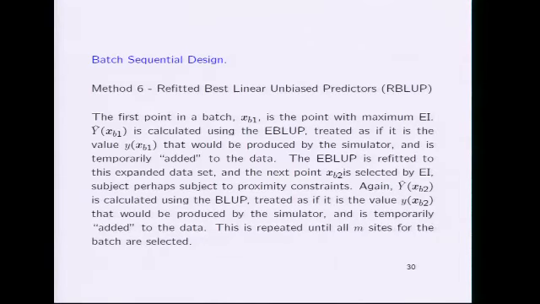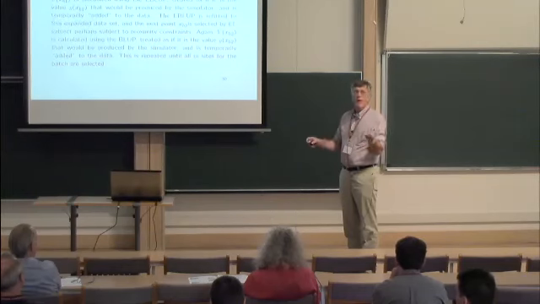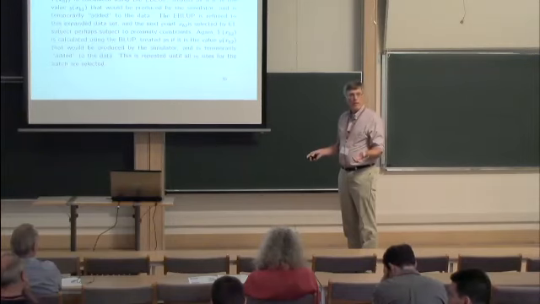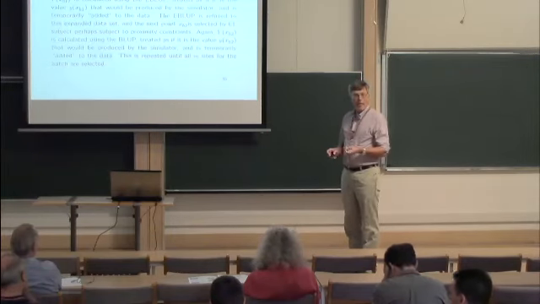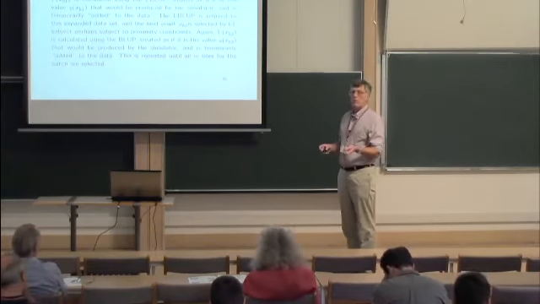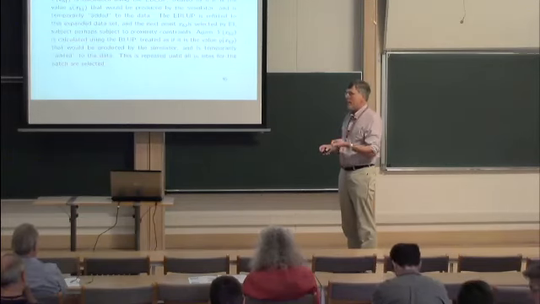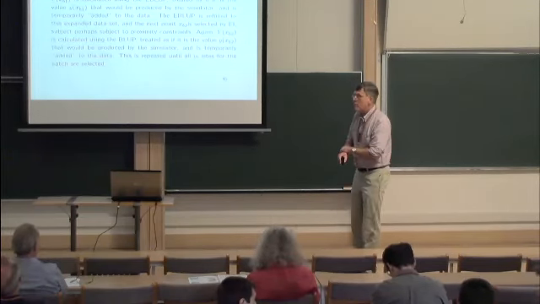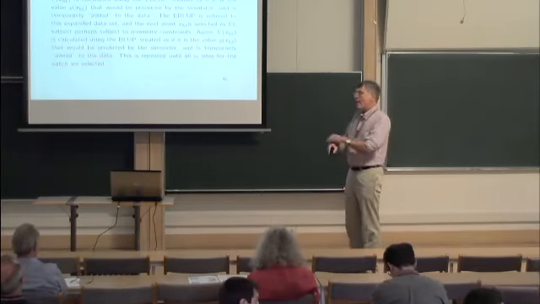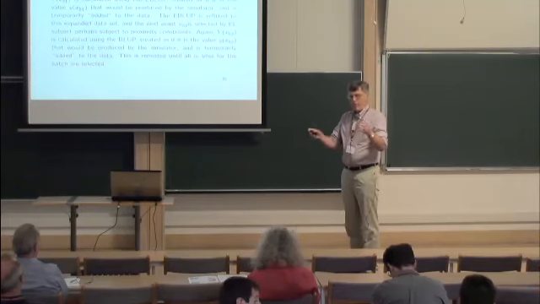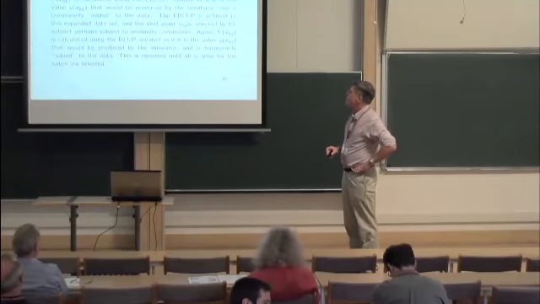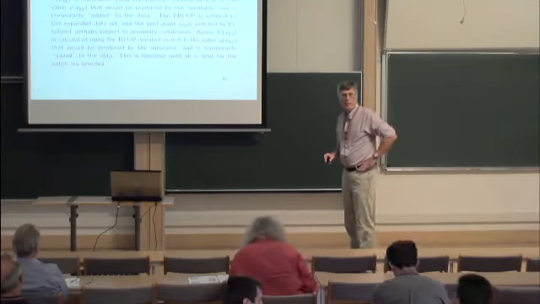I act as though that was really what I would have observed, add that to my data, so now I'm not going to resample that point anymore, refit my predictor, see what the improvement is, where I would take my next point, pretend that's what the simulator would really give me, add that to my data, and do that till I get my m points. Then actually run the simulator at those m points and proceed.